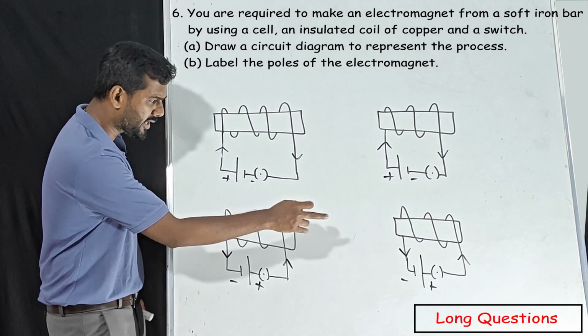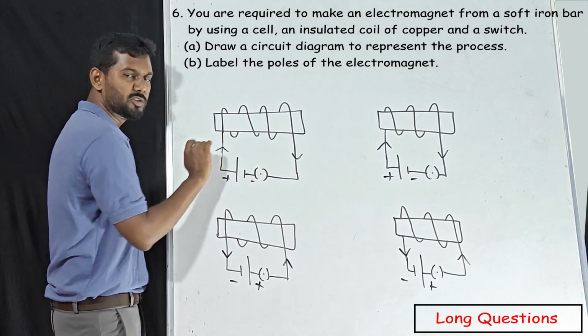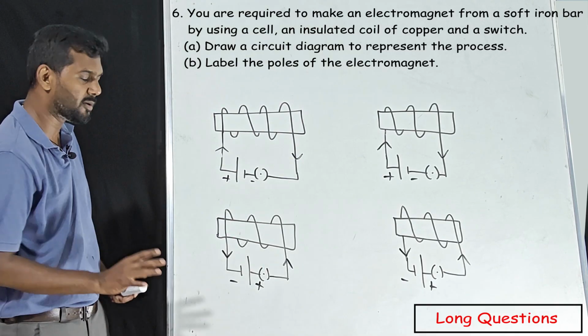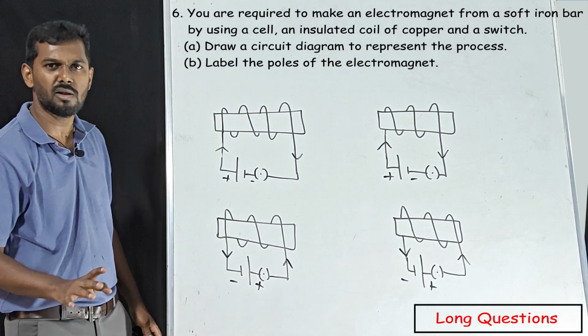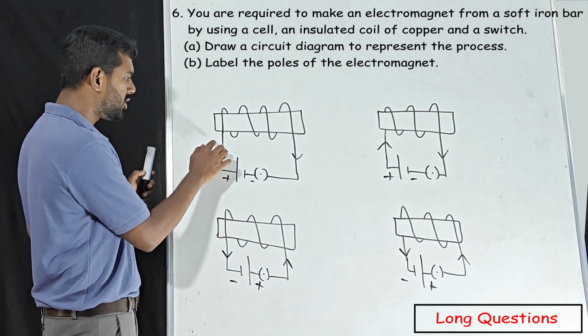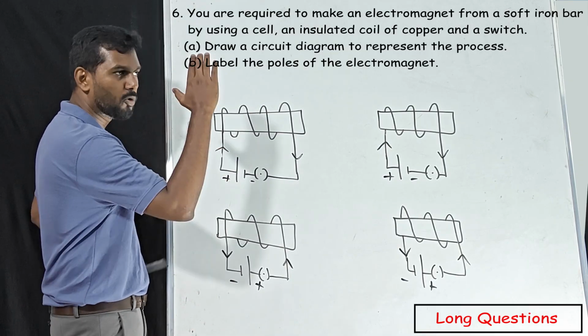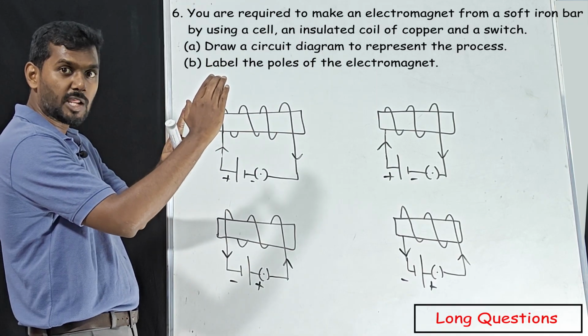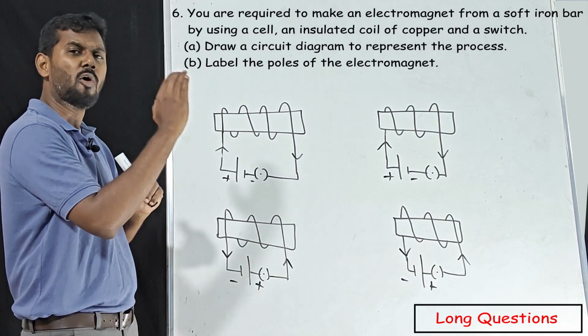In all the cases, first we learn both these diagrams, then I'll teach you how to do the other 2 diagrams also. These are the only possible 4. Now once you know where the wire is, you hold it like this. This thumb represents north sometimes, south sometimes. How to identify?